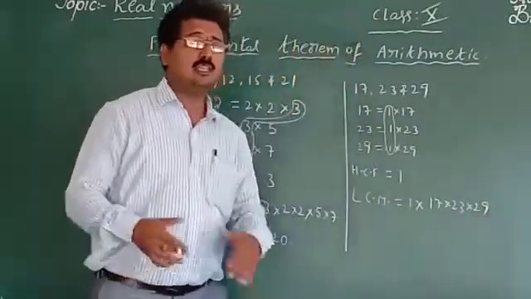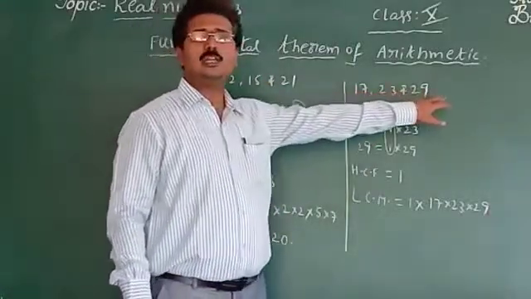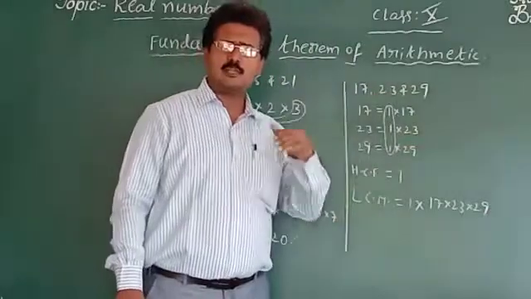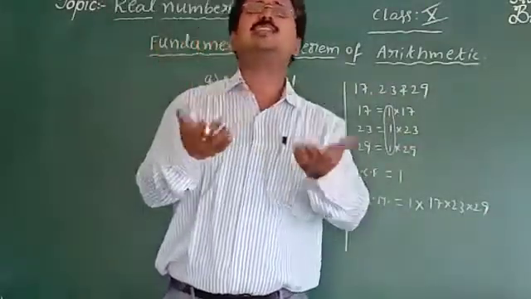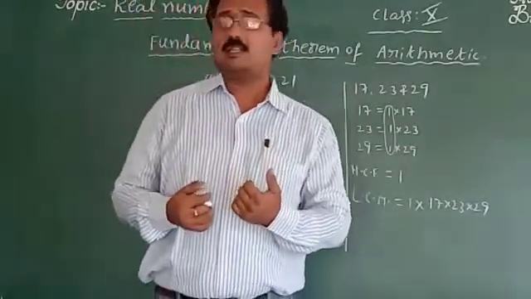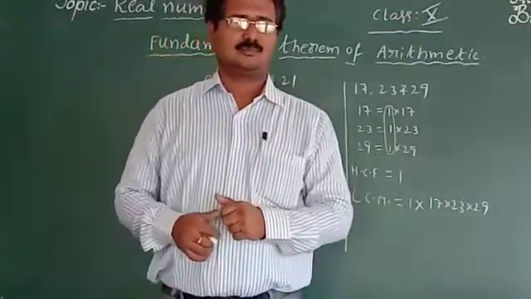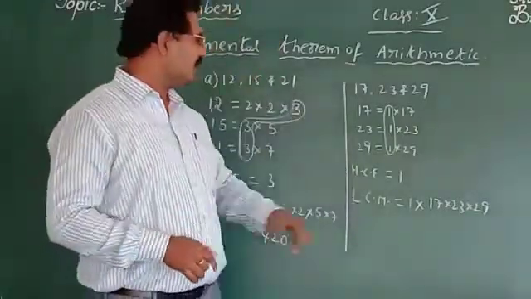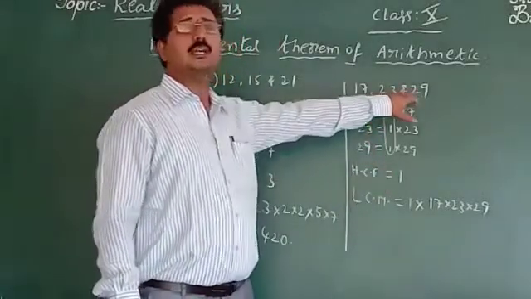In another way, since 17, 23 and 29 are prime numbers, for any prime numbers the product of the prime numbers is their LCM. And what is the GCD or HCF of prime numbers? 1. The HCF is 1 only for those that are prime numbers.